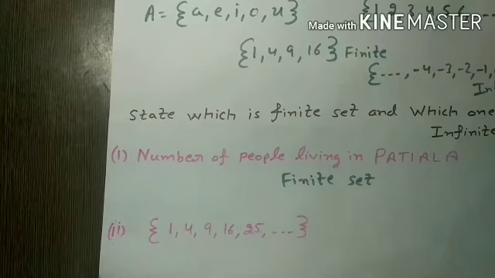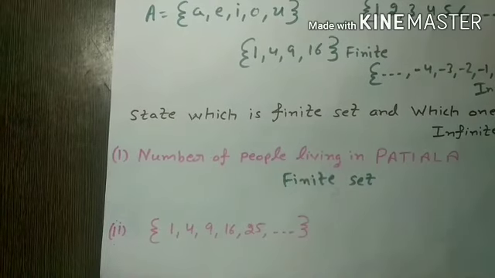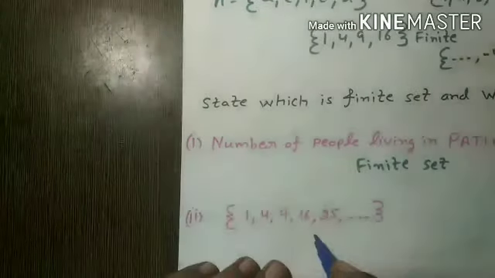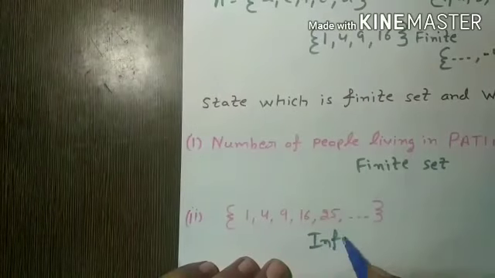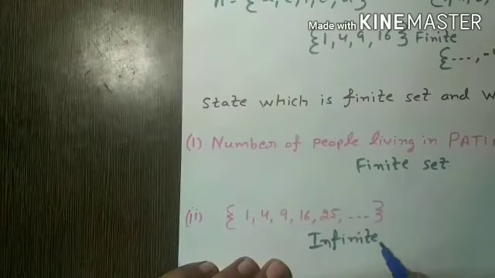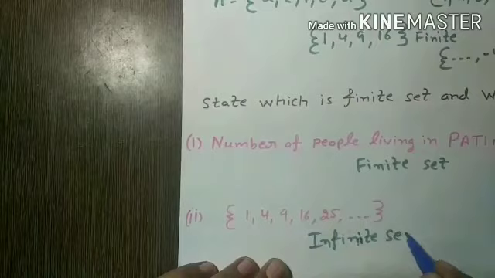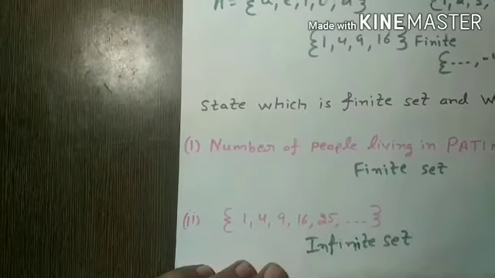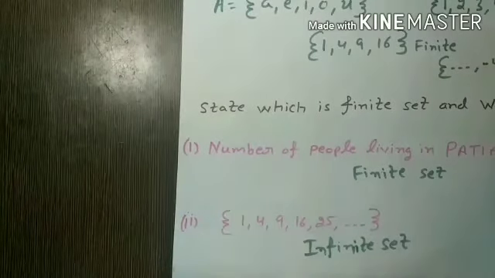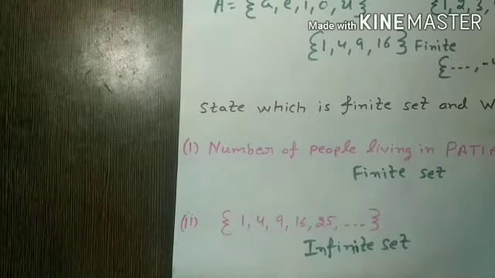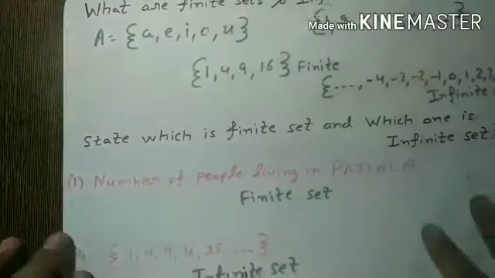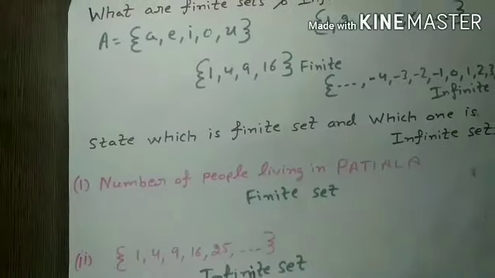So you will say that this set is infinite. So this is the answer and the explanation. Students, I will pause this video for 1 minute so that you can review what we have done.